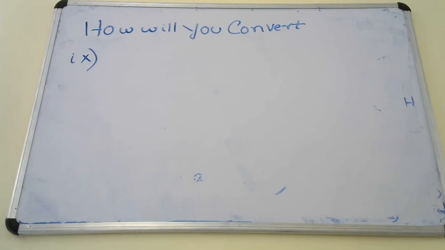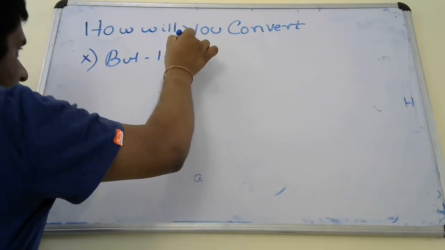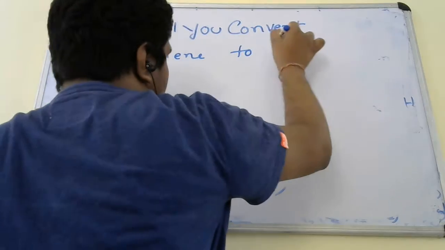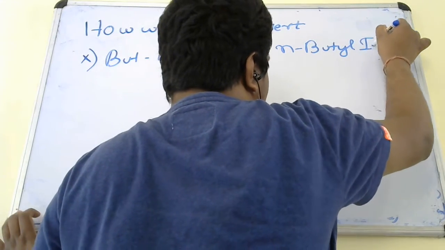First, let us write but-1-ene to n-butyl iodide.